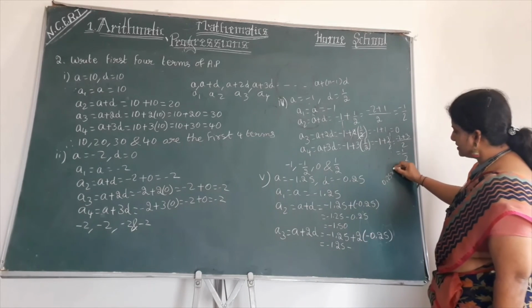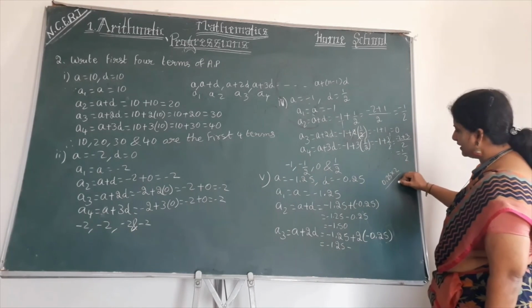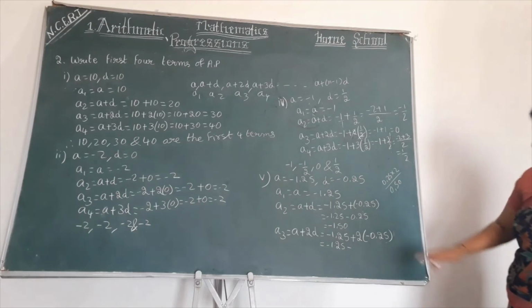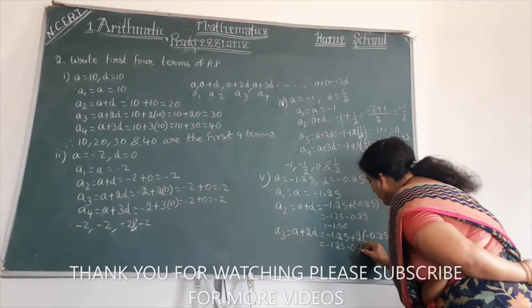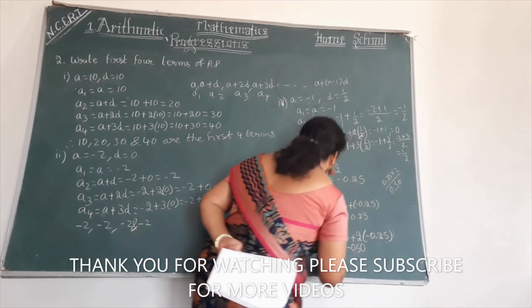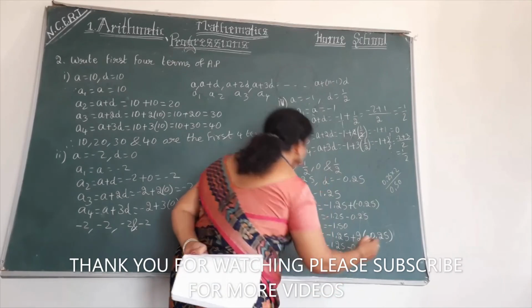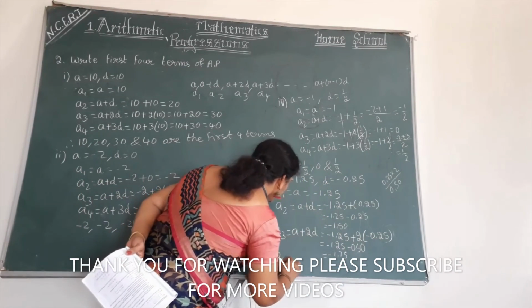Please be careful with this multiplication. How much you are going to get? 2 5s are 10, 2 2s are 4, 5. 0.50. So minus 0.50. Then when you add this, minus 1.75. Okay, please be careful while doing this.